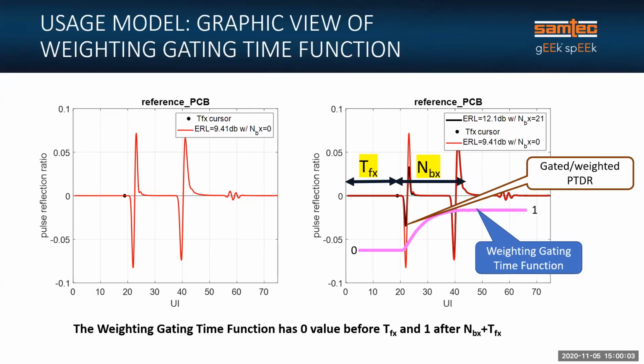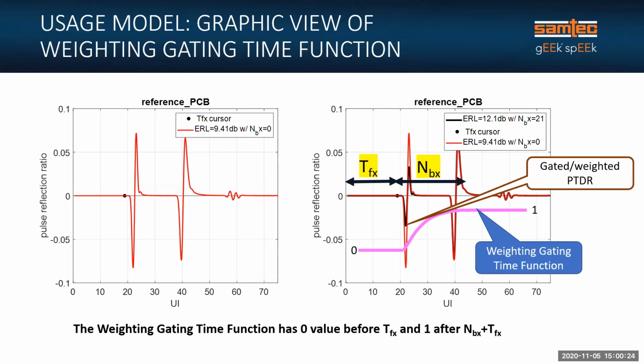Okay. So if I look at this, let's consider this a package, looking back into a package. TFX is to the red dot, but NBX is a range. And you can see the magenta line; that's what the weighting gating function looks like.